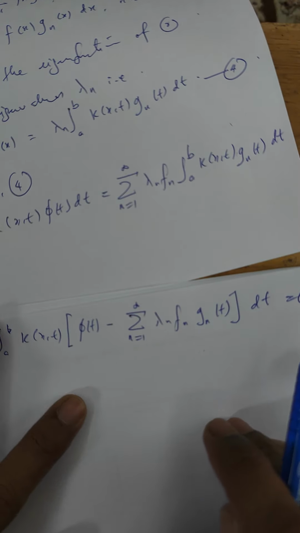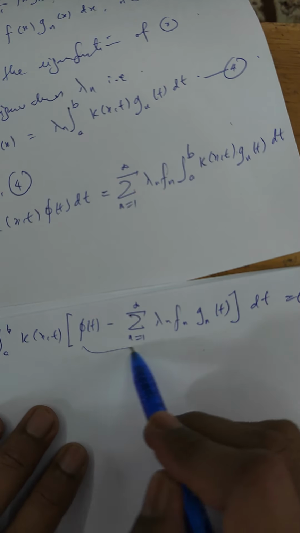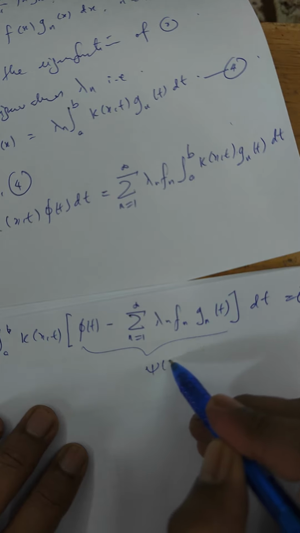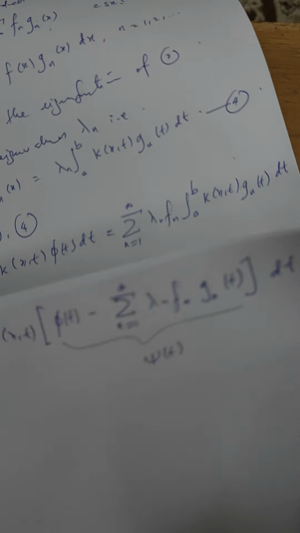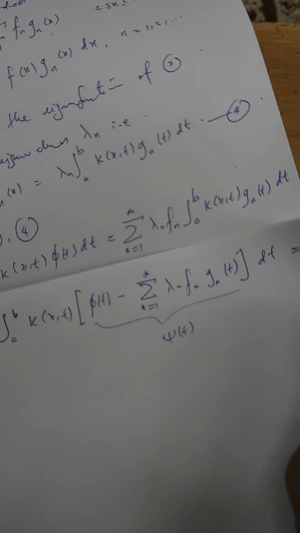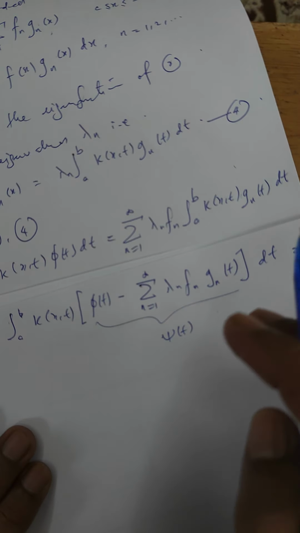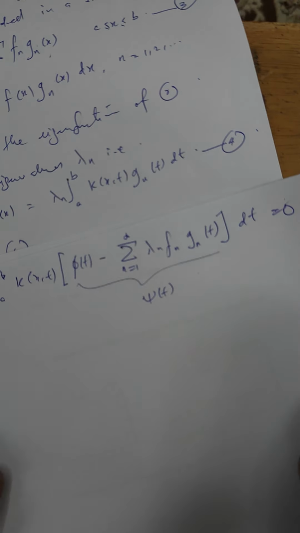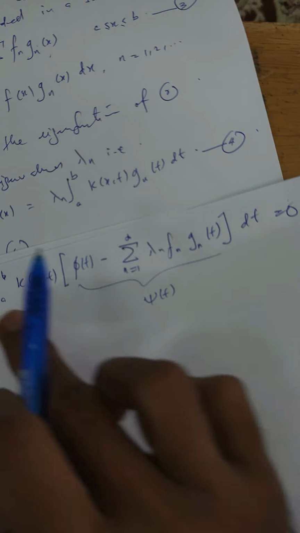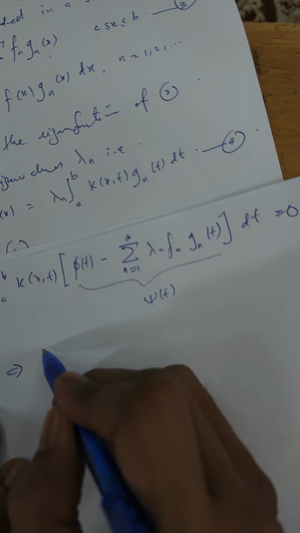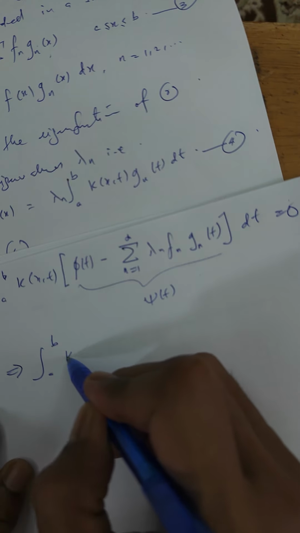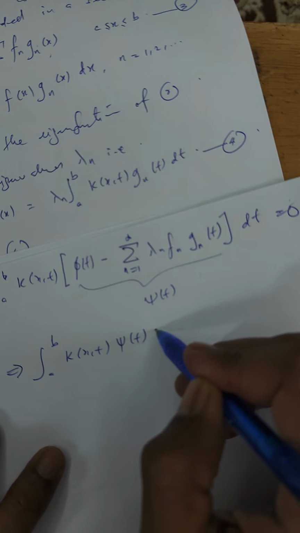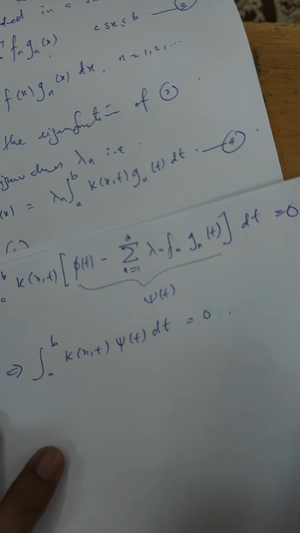Basically, if you consider all those as phi(t), then we have the integral from a to b of k(x,t) phi(t) dt equal to 0.